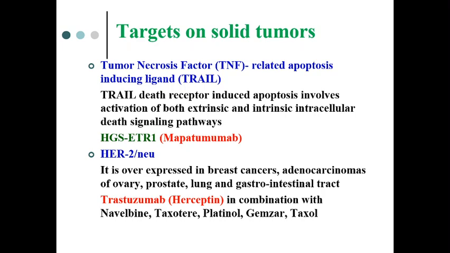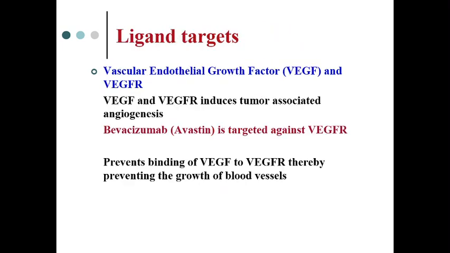In such cases, this monoclonal antibody cannot be used. Herceptin, or trastuzumab, can be used only when the breast cancer expresses the HER2 plus receptor. Even ovarian cancer, when it expresses this receptor, then only this monoclonal antibody can be used, using the payload of toxic agents.